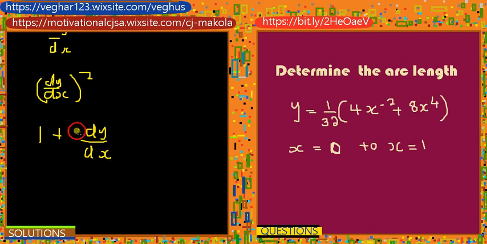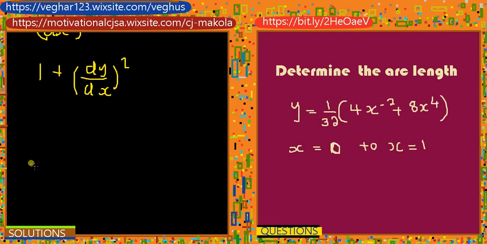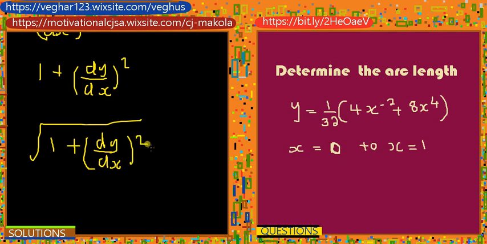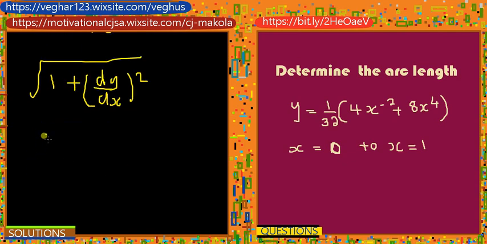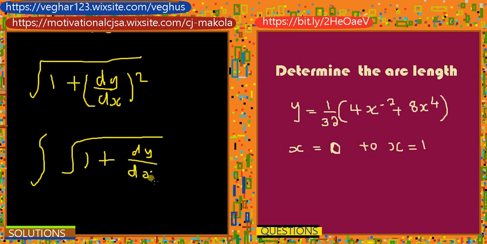And when you have added 1, take the square root, and simplify it as far as you can. Then now you put the integral sign. Then this is the end part: you just integrate. It will be simpler if you go through the steps as they are, because if you put everything in one place, sometimes it's hard to get to the correct answer.